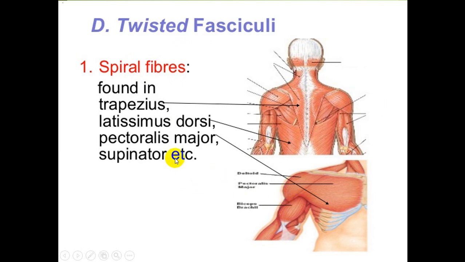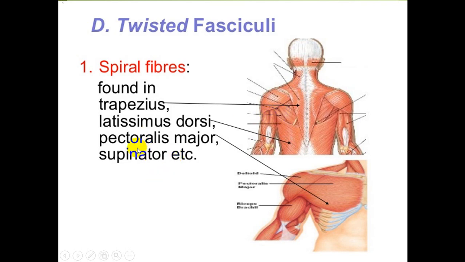We have already studied this twisting in the axilla, where the anterior and posterior axillary folds are made by the spiraling fibers of pectoralis major anteriorly around its own axis, and then the latissimus dorsi fibers spiraling posteriorly on the lower border of teres major.